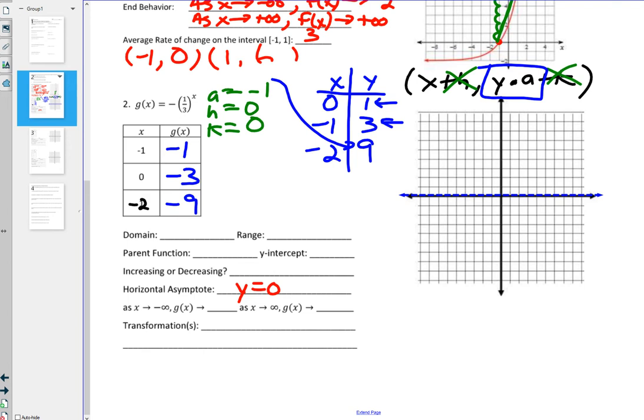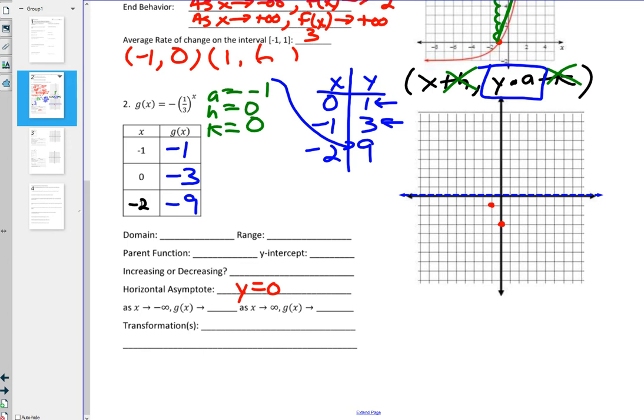Then we'll plot these points, negative 1, negative 1. Zero, negative 3. And negative 2.